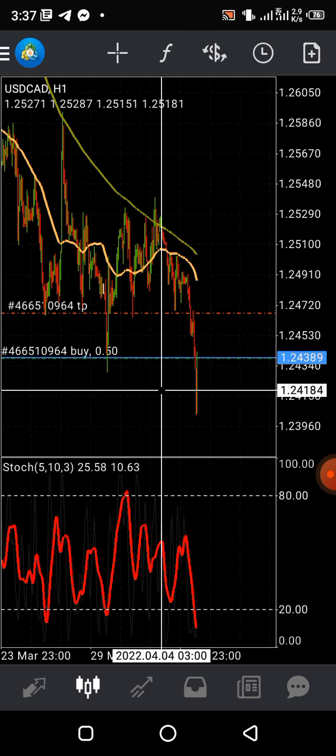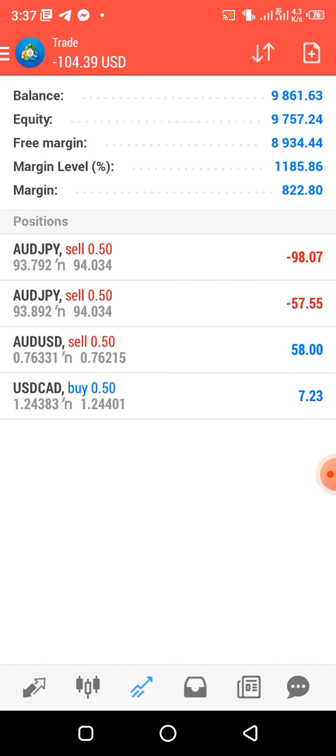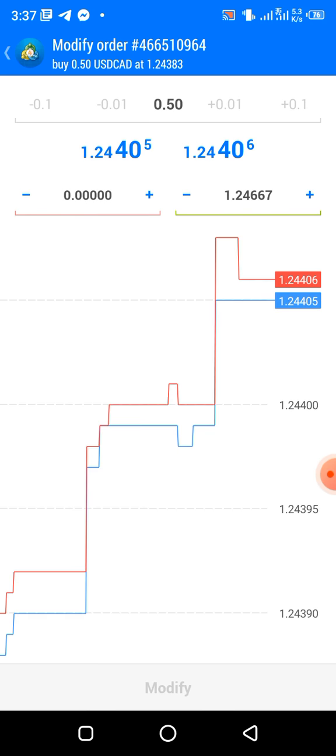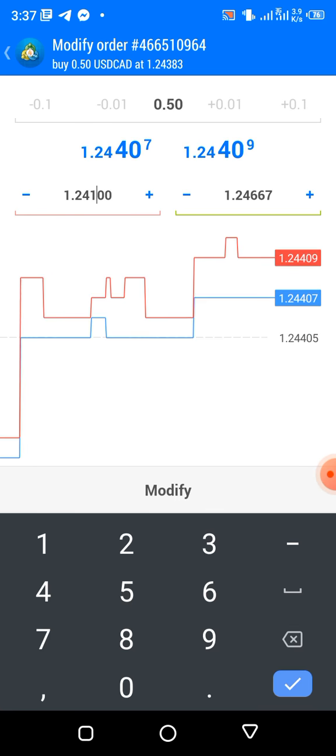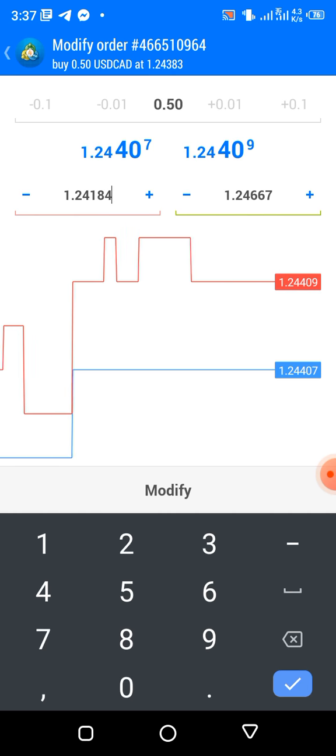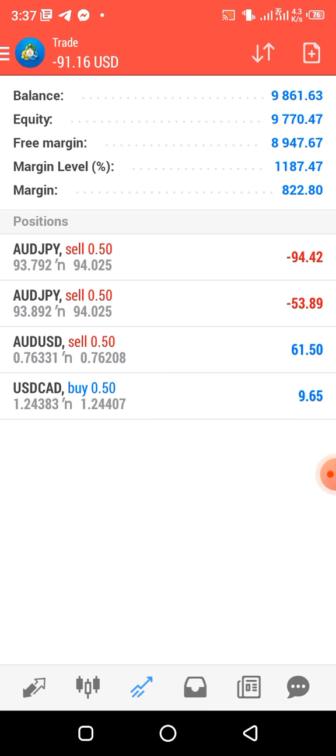All right, so let me give it this point, 1.24184. Modify.